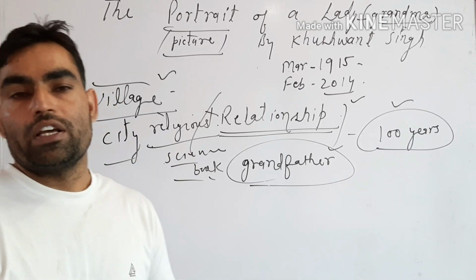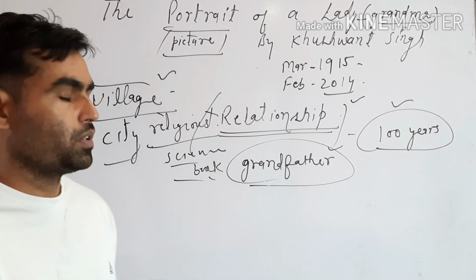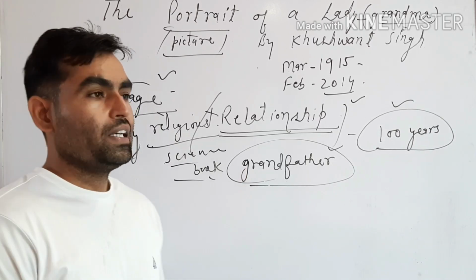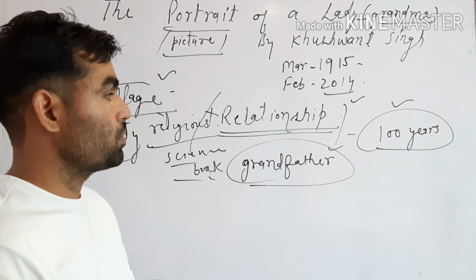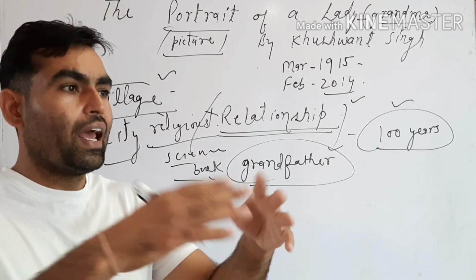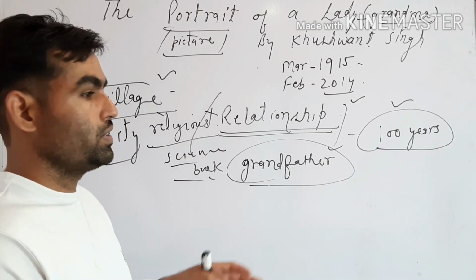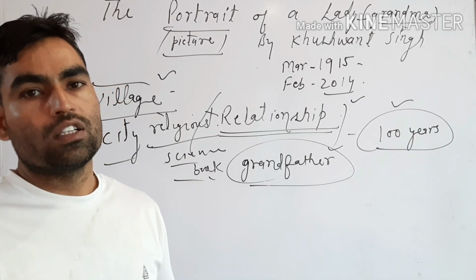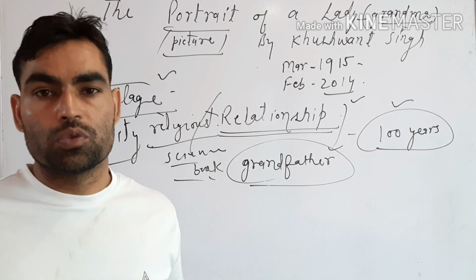At that moment, what happens? This is the most interesting scene of the chapter. When her dead body is to be carried out for the funeral procession, they have to make so many arrangements, and that's why she is laid there in the veranda. And in that portion, hundreds and thousands of sparrows come there.